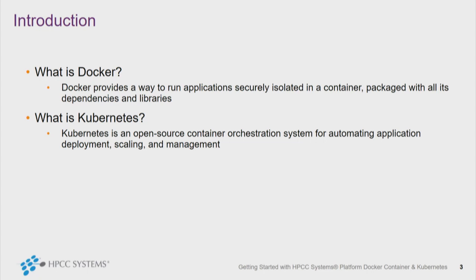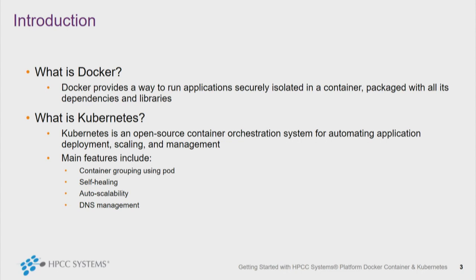Some of the main features of Kubernetes are container grouping using pods, self-healing, auto-scalability, DNS management, load balancing, and rolling update or rollback. And of course, resource monitoring and logging.